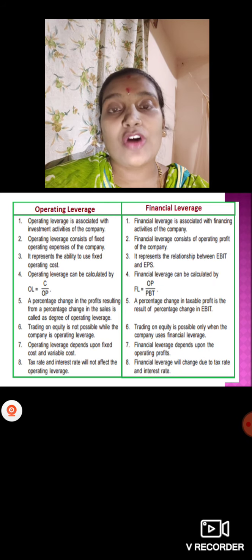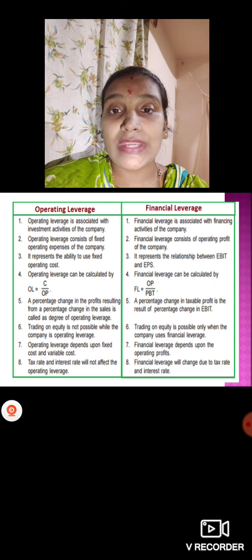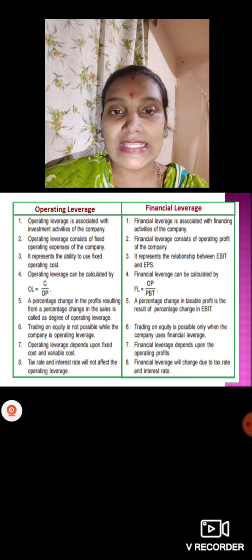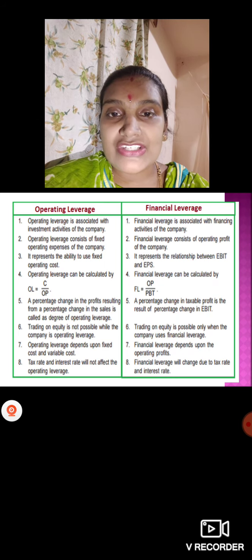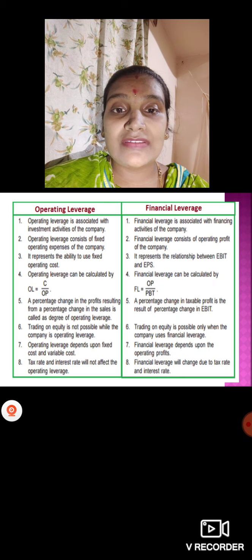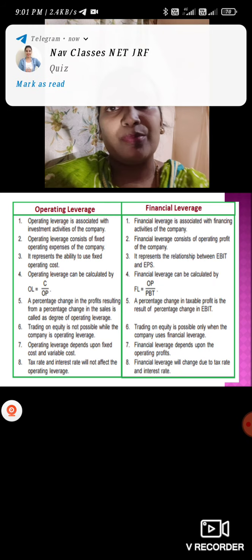If the company uses operating leverage, then you cannot sell any equity shares. If you are using financial leverage, definitely you can sell off your equity shares. Then operating leverage depends upon fixed cost and variable cost, because mainly we are concentrating on that only here, all the costs. And financial leverage depends upon the operating profit.